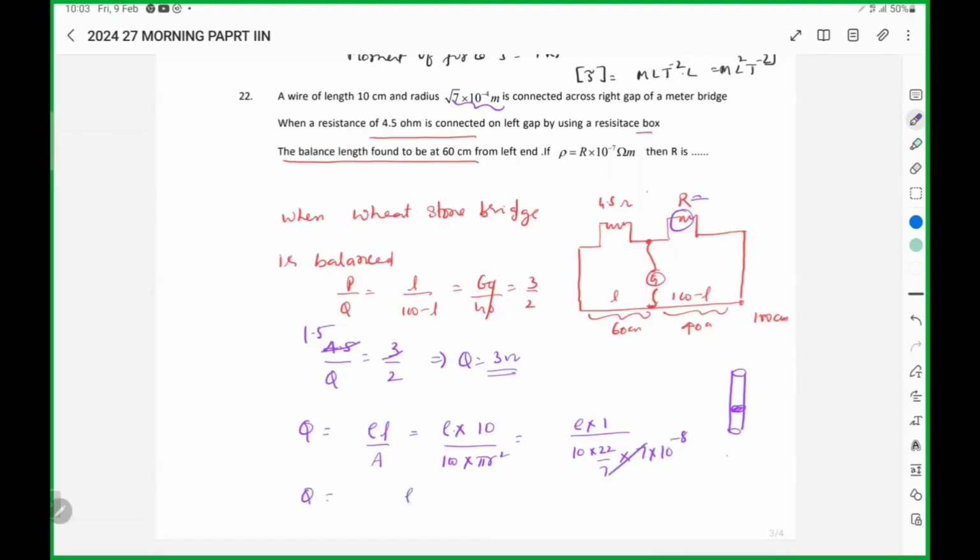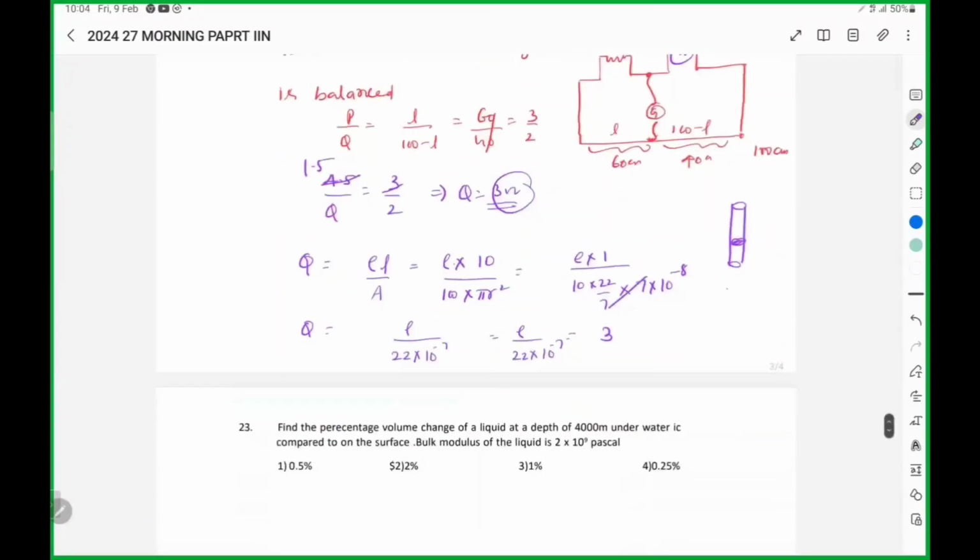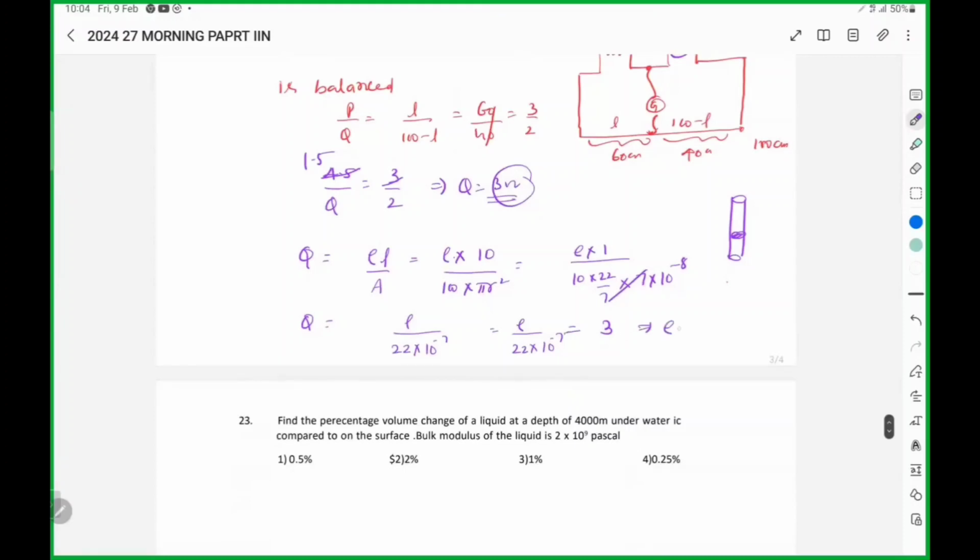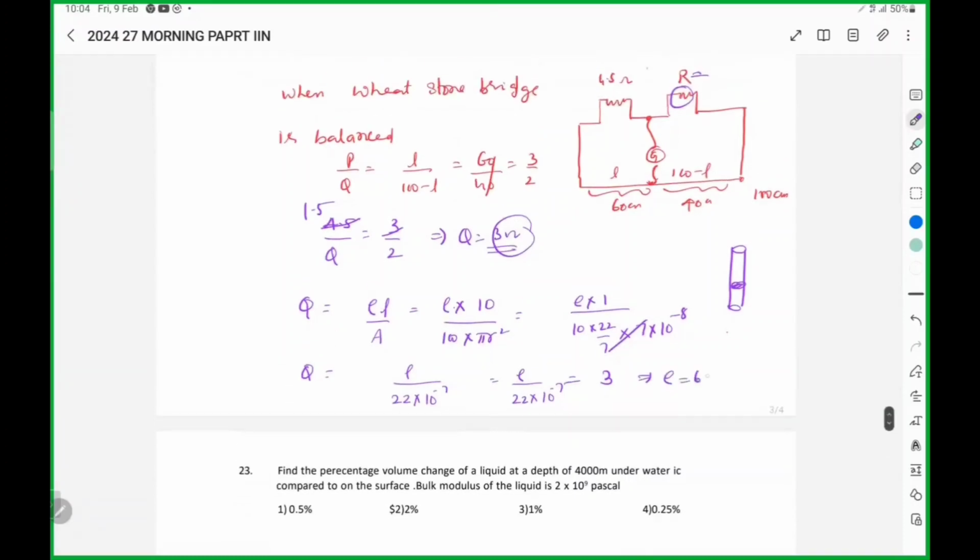So that resistance is 22 into 10 power minus 7, or rho by 22 into 10 power minus 7, which we already know as 3. So rho will be 66 into 10 power minus 7, which implies the numerical value is 66.